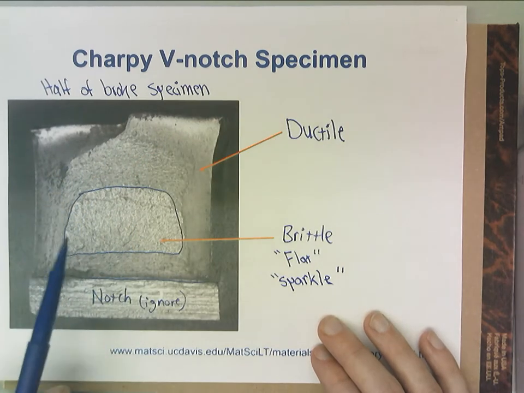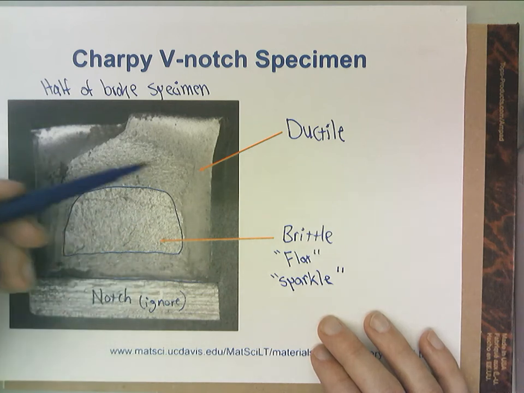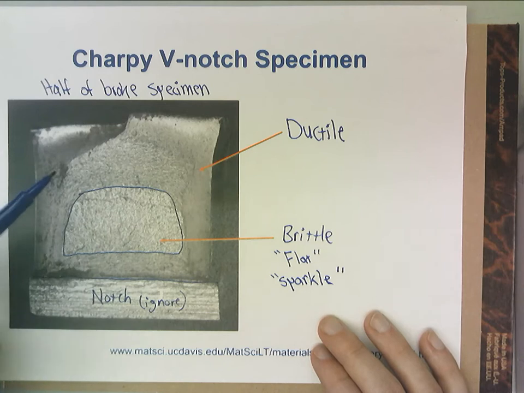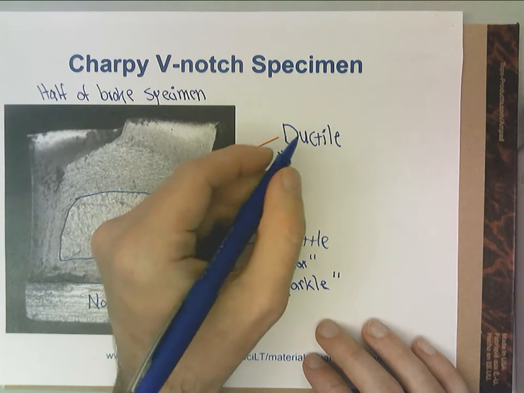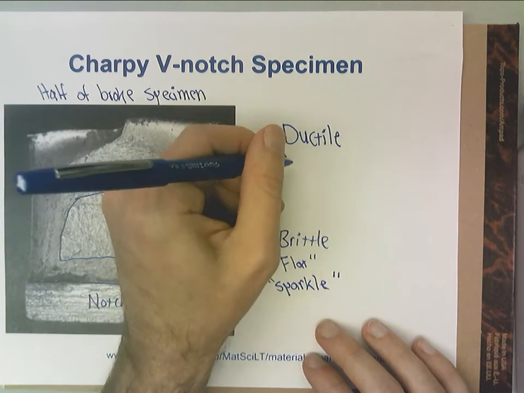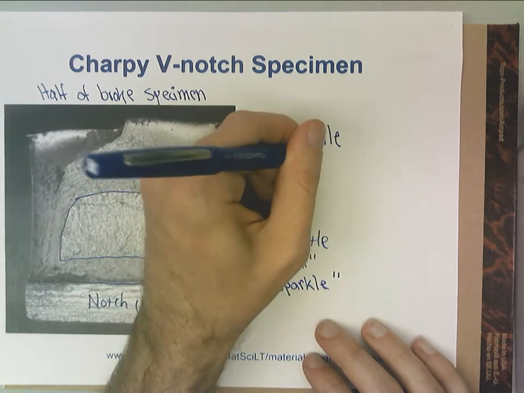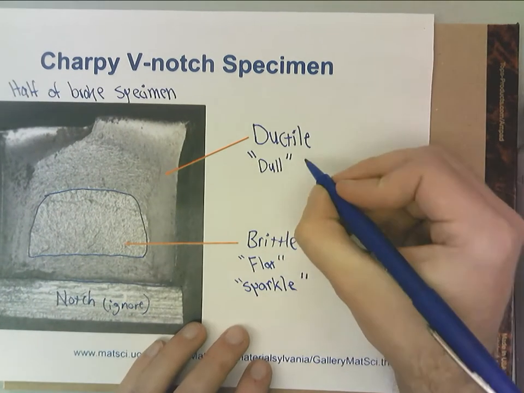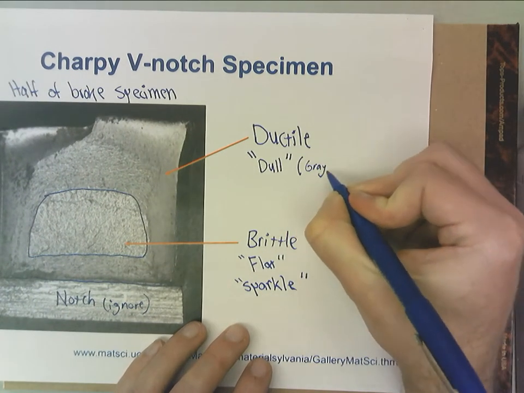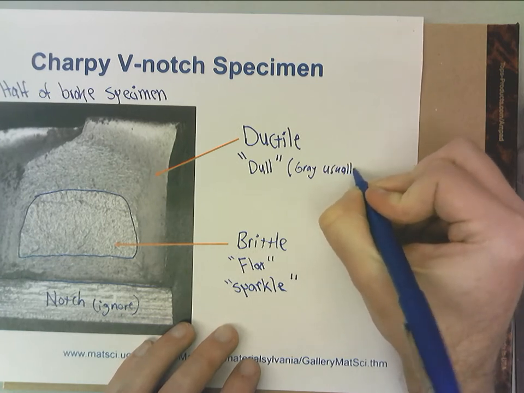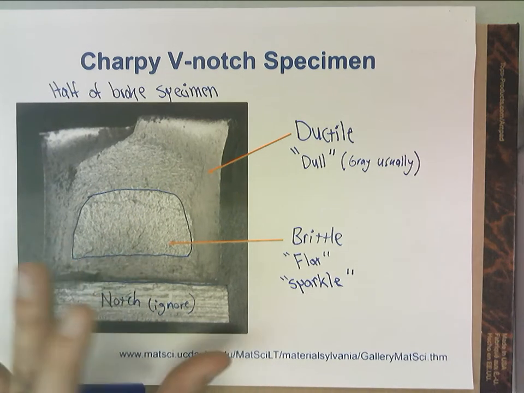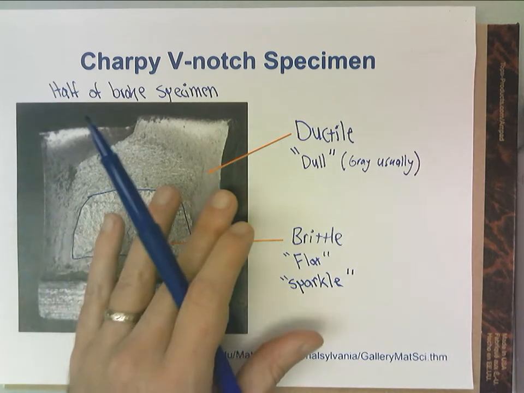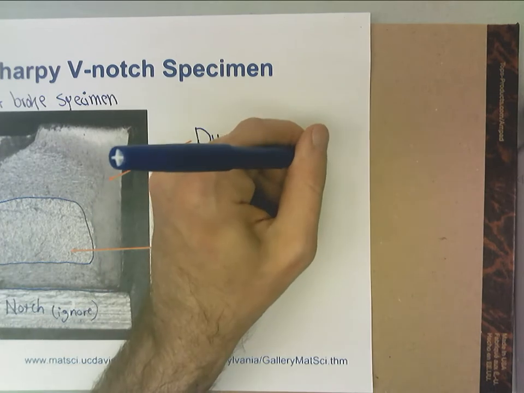The ductile region, under normal circumstances, surrounds the brittle region, if there's a ductile and a brittle region. There doesn't always have to be. The ductile region will be dull, usually a dull gray. A lot of materials will fail with sort of a gray surface. Doesn't have to be, but it won't sparkle. Shouldn't sparkle.